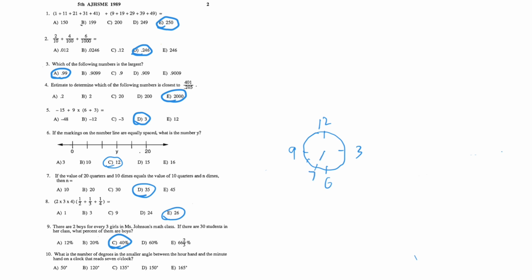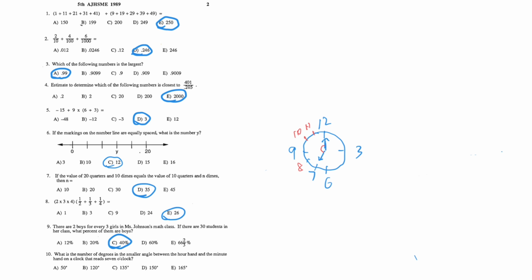So at 7 o'clock, our hour hand is here, and the minute hand is at 12. They ask for the smaller angle. That's this angle, from 12 to 11, 10, and 6, 7, 8.